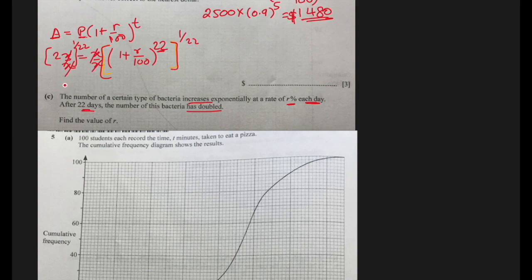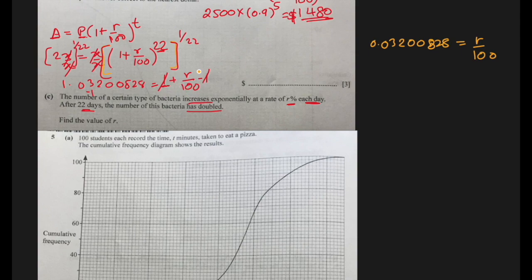1.0320082 equals 1 plus r over 100, right? Now we'll take this 1 to the left side by subtracting 1 here and 1 here. This 1 and this minus 1 cancel out, but this minus 1 will give us 0.032000828 equals r over 100.